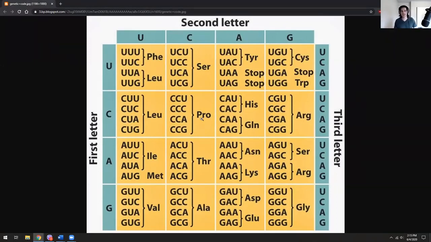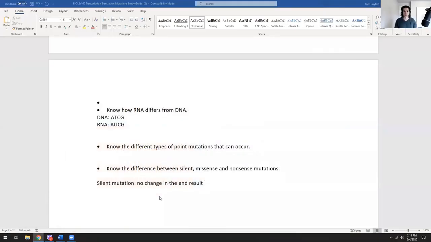So you have CCA. Let's say we change that third nucleotide into a U. So CCU. They both code for the same amino acid, so no harm was done. There was no change. So that would be a silent mutation.